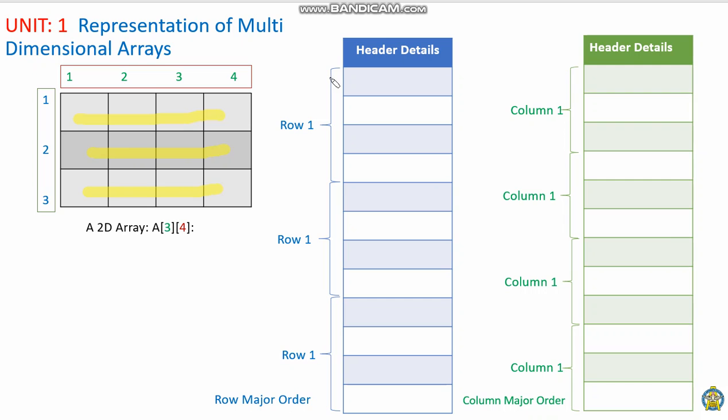We take the first row, which is stored here with all the 4 elements of the columns. Then we have the second row, again stored sequentially, and so row items get stored one after the other, and then the third row, with the 4 elements in the columns. This is called row major order.